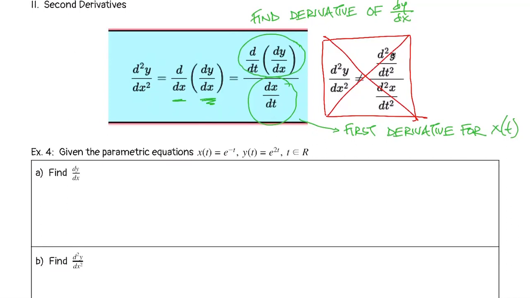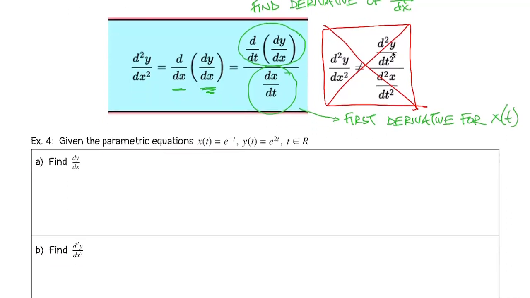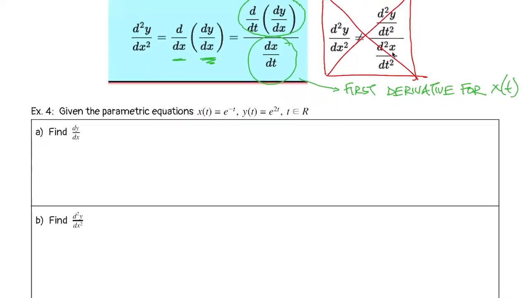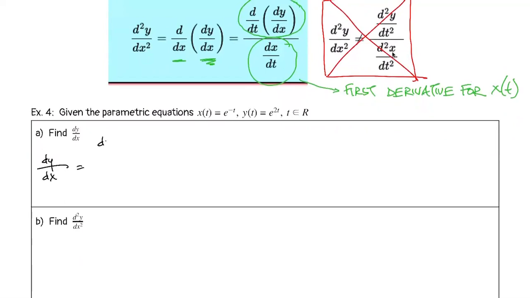Okay, so given the parametric equations here, let's take a look at finding the first derivative. That part is something that hopefully we feel comfortable with. If I'm finding the first derivative here, I know that dy/dx equals dy/dt over dx/dt.